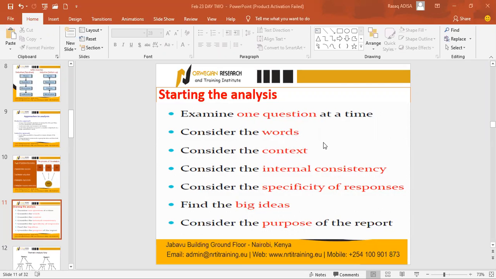Then when you are doing the coding, you must consider the words used by the sources in the paper you are trying to code. Consider the words used. They are equally important. The usage of words sometimes can be a pointer to the answer the person is giving. Somebody says that we are terribly in need of water, which is caused by climate change.